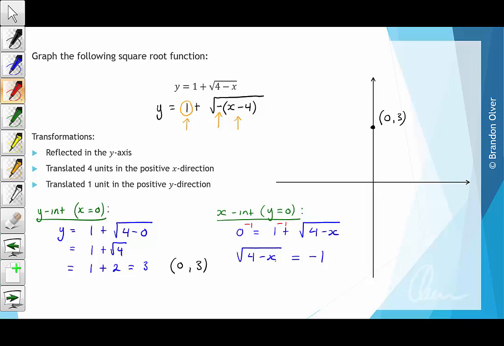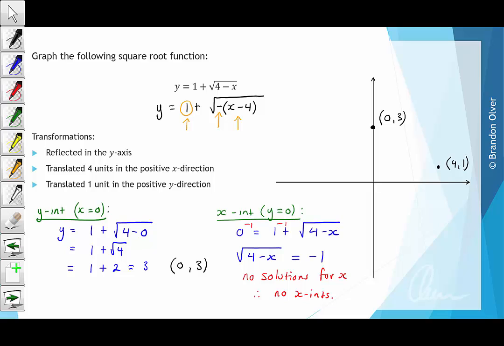So because there's no values of x here where we take the square root of that value and get negative 1, we know that there are no solutions for x, which means there are no x-intercepts.